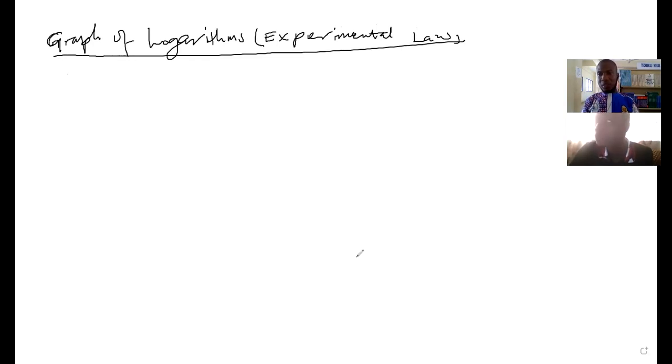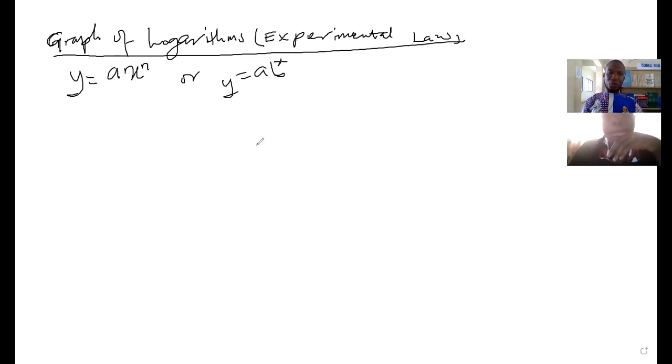It involves the use of change of variables to transform functions like y equals ax exponent n or y equals ab exponent x, where a, b, and n are constants, into linear form, which is y equals mx plus c. That is what we did yesterday, right?